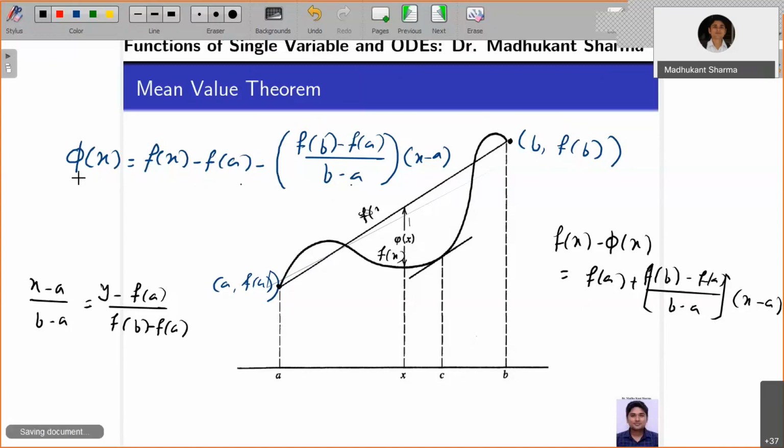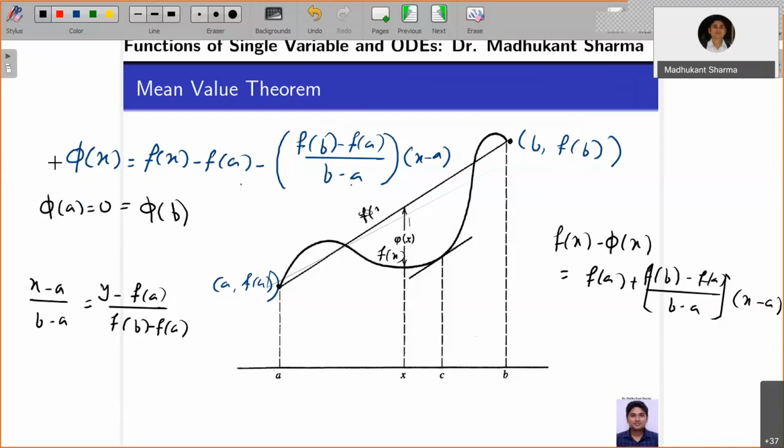Phi is continuous on the closed interval AB and differentiable on the open interval AB, and phi at A is 0 and phi at B is also 0. So you can apply Rolle's theorem now. You will be able to identify a point c in the open interval AB such that phi dash of c is 0. And that will imply the mean value theorem result.